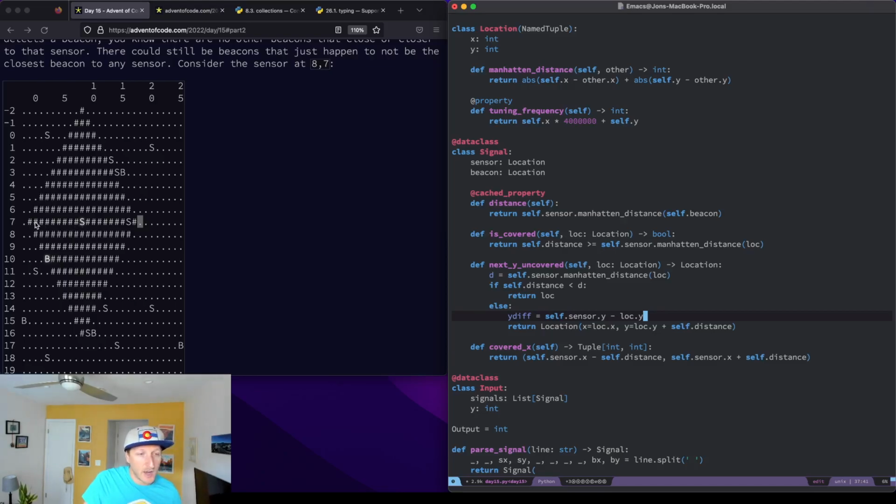So this would be -9, and then we need to take 9 minus -9. So then we do y plus self.distance minus y diff. And that should give us the next location that is uncovered, right?